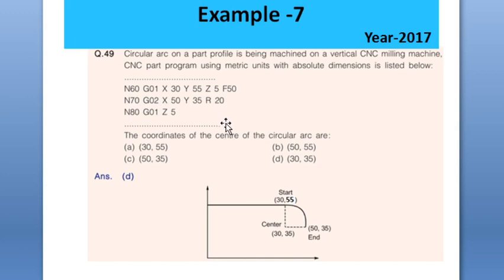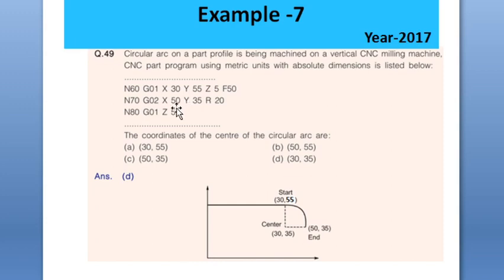As per the question, we have to calculate the center of the arc. There are three statements given. Here G01, X30, Y55. The next one is G02. Therefore, N70 G02 is a circular clockwise direction arc.